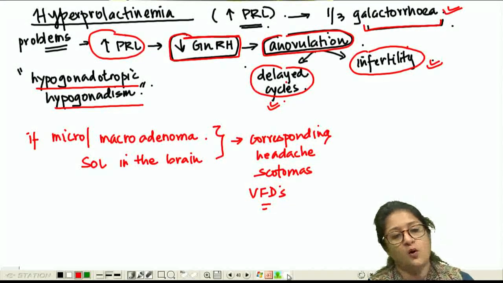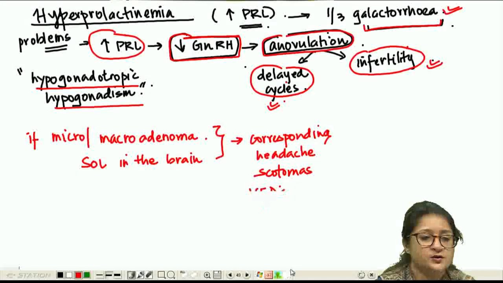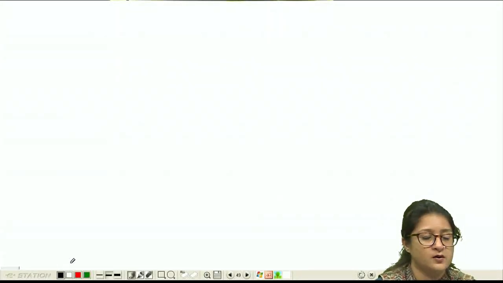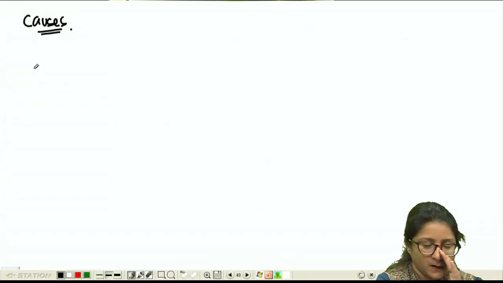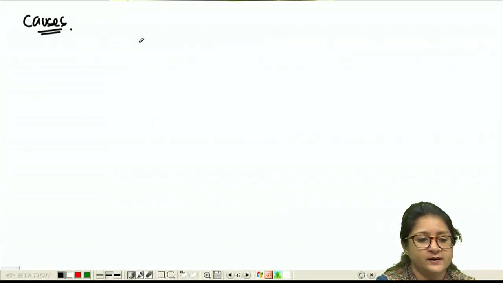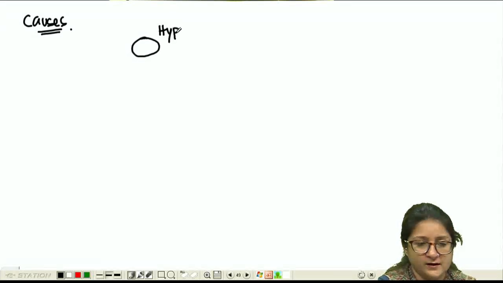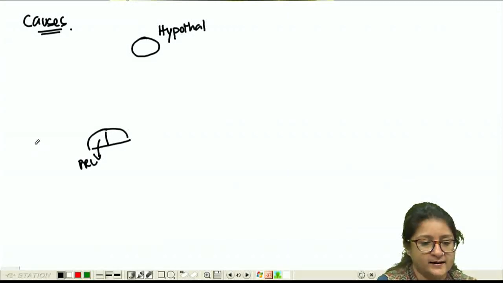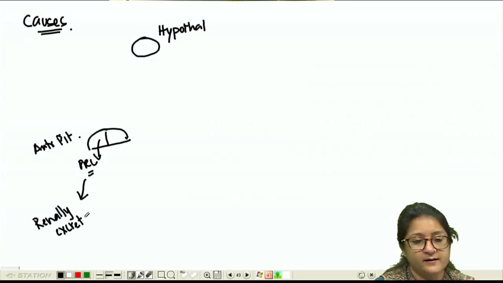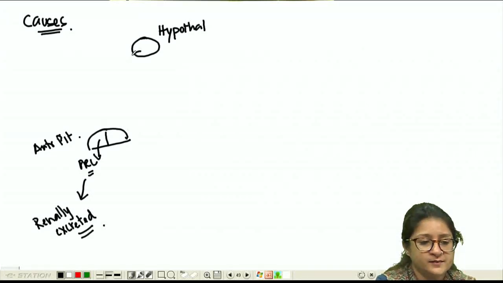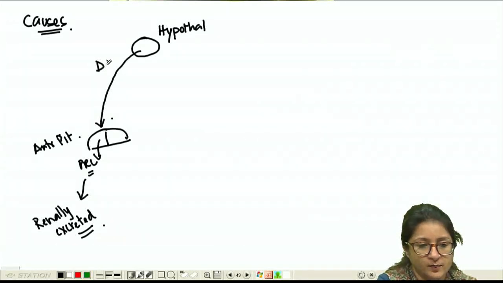Now what are the usual causes of hyperprolactinemia? You have to understand one very important cause. If this is the hypothalamus, and this is the anterior pituitary which is secreting prolactin, this prolactin is then renally excreted, right. The hypothalamus secretes dopamine.